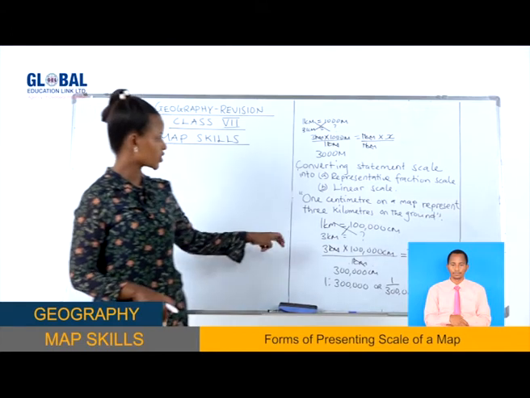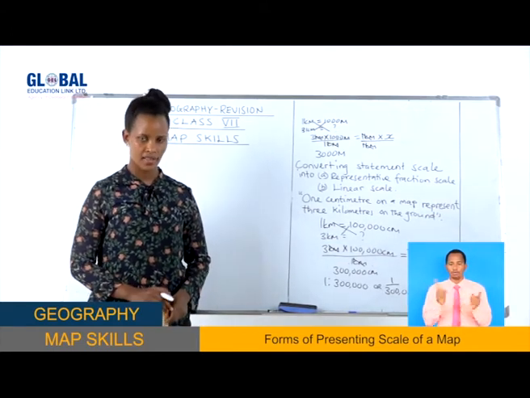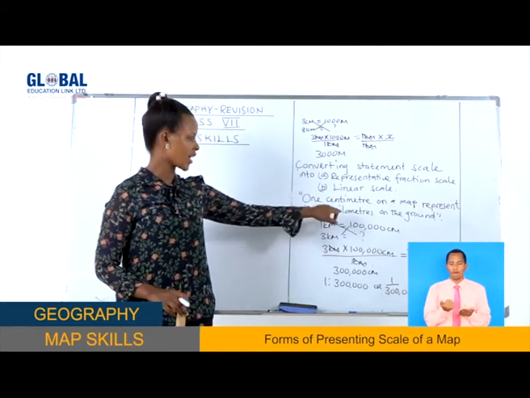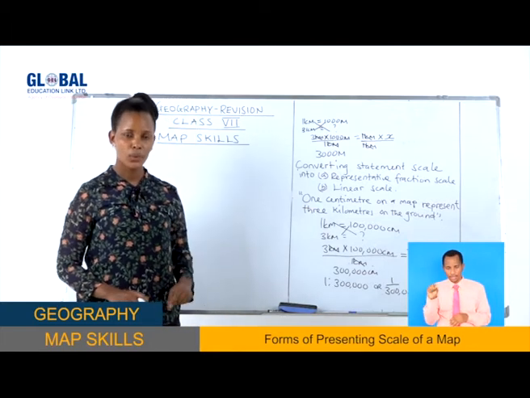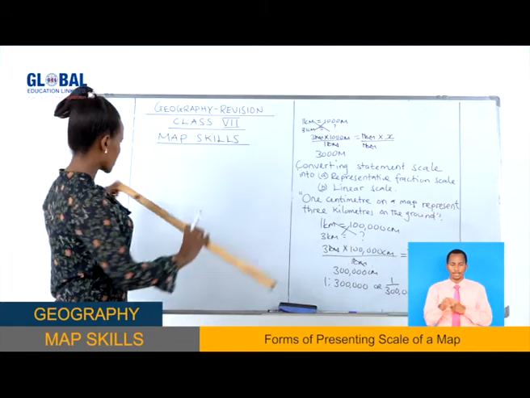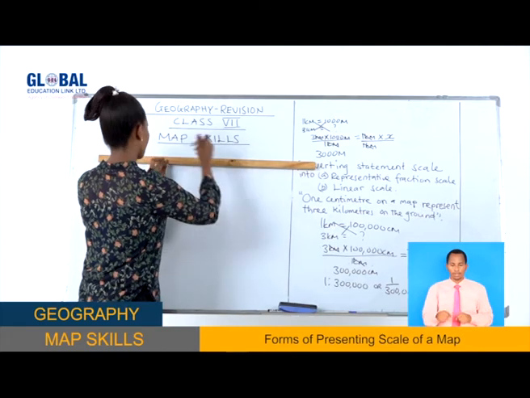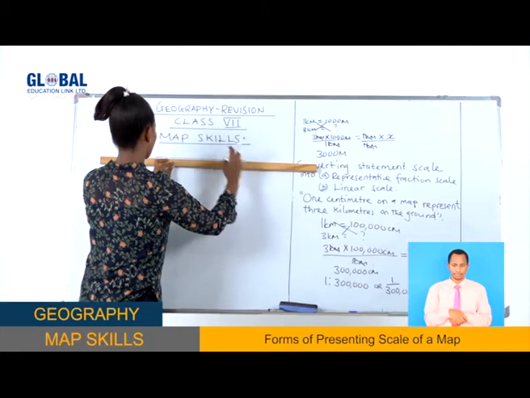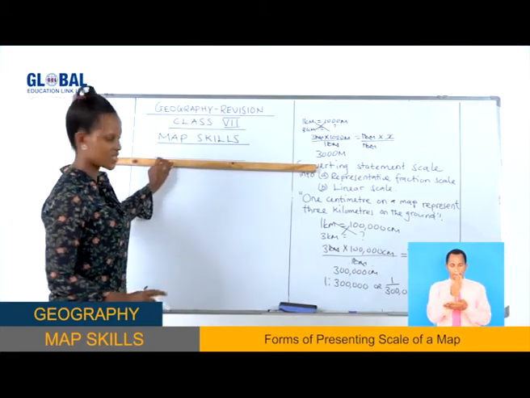Another thing, you have to change the statement scale given into linear scale. It is very simple. From the statement scale, 1 centimeter is equal to 3 kilometers. You just put it in a line segment. So you do like this. You have to draw a line segment, 2 lines, then divide into portions of 1 centimeter each.